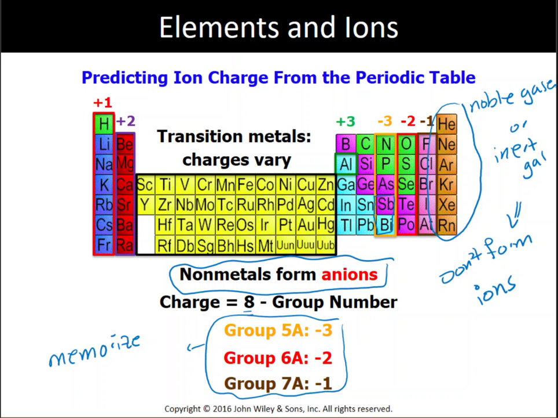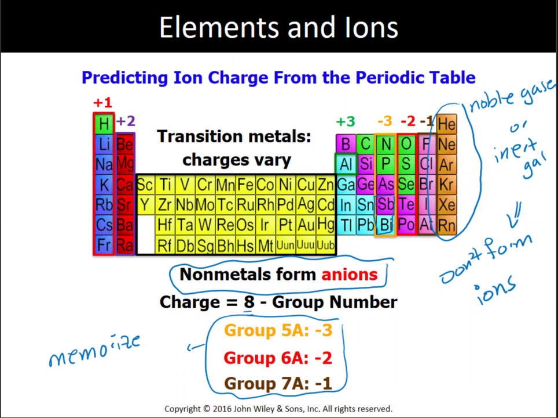They don't participate in any transfer of electrons. They don't undergo any transfer of electrons. So you won't expect to see a charge on noble gases at all, ever. So any metal should have a positive charge if it is in an ionic form, and nonmetals should only appear as anions.